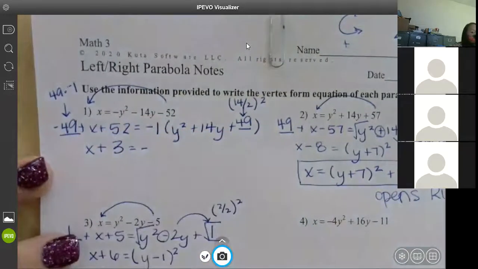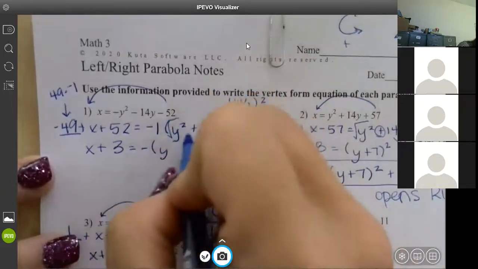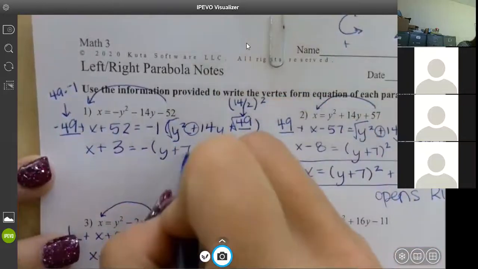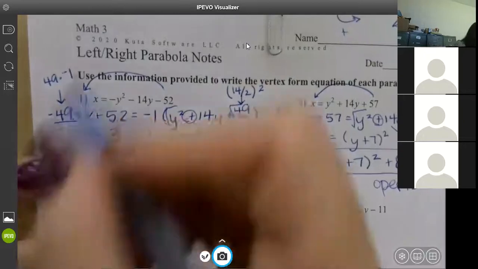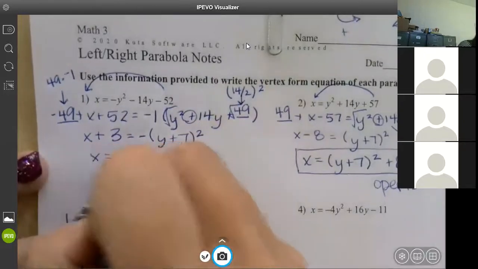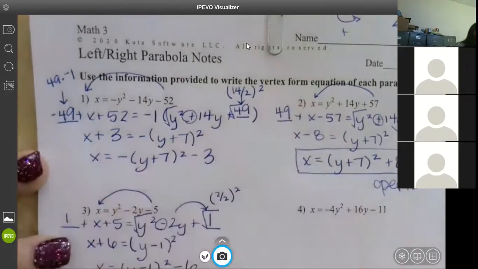You can leave that as -1, or you can just put it as a negative. It's up to you. I don't care which way. If you're doing multiple choice on your quiz, it'll just have the negative. It won't have the 1. Square root of the first sign, square root of the last. And then our last step, again, is to move that 3. So x equals negative y plus 7 squared, subtract the 3.